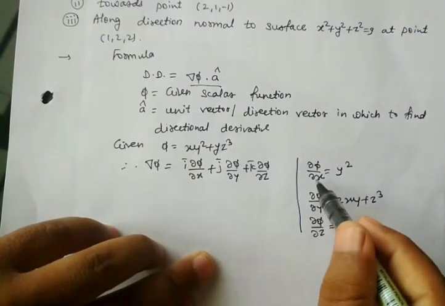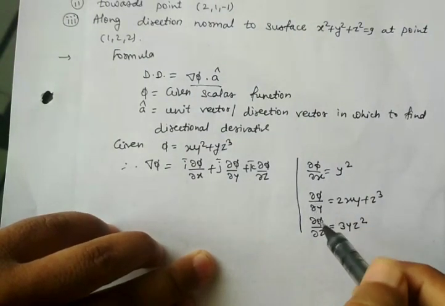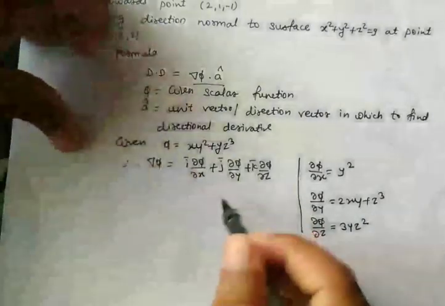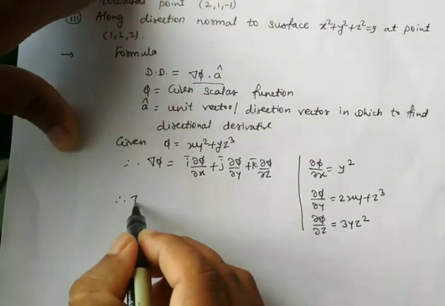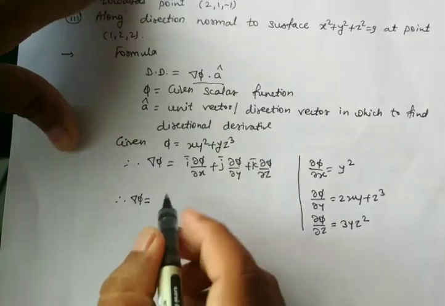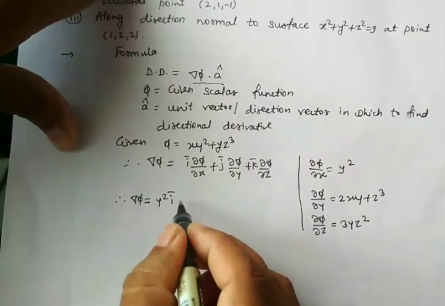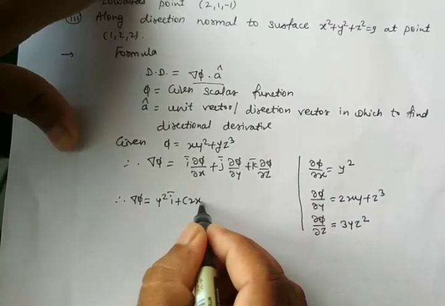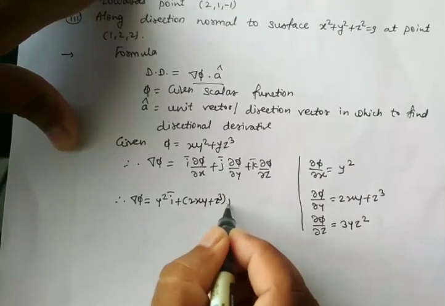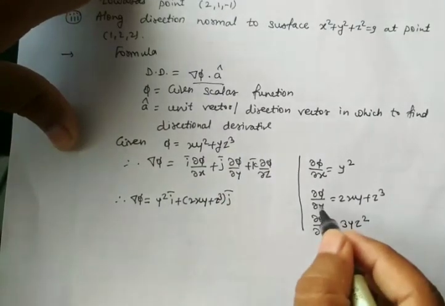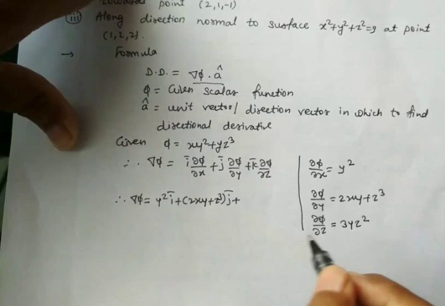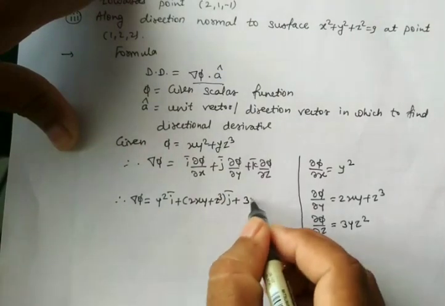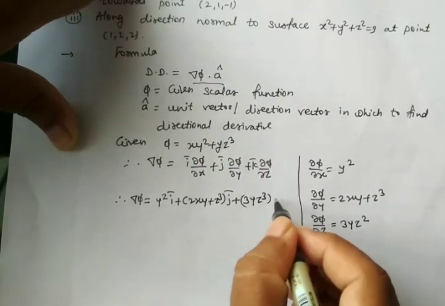We put these here. Therefore, the value of del phi is equal to y square into i bar plus (2xy plus z cube) j bar, that is the value of partial phi by partial y, plus partial phi by partial z, that is 3yz square, into k bar.